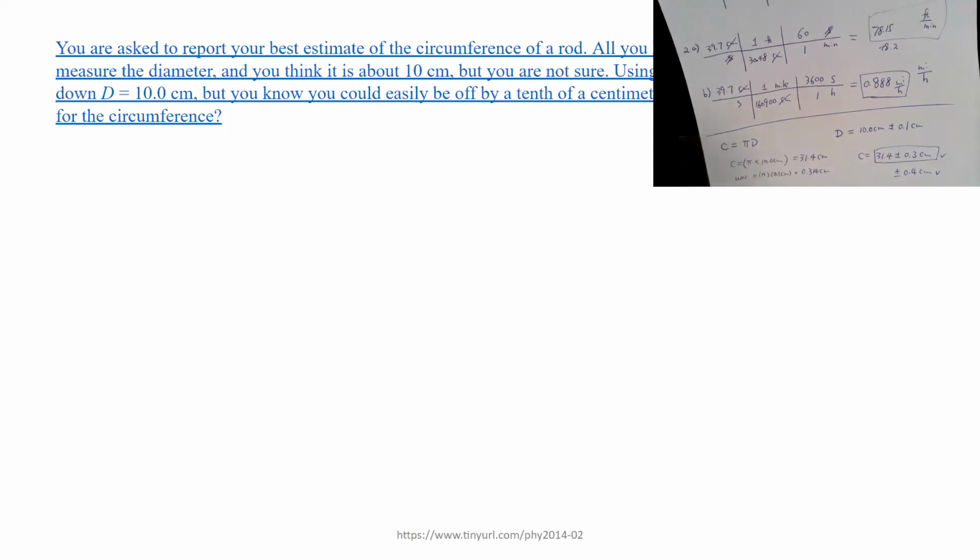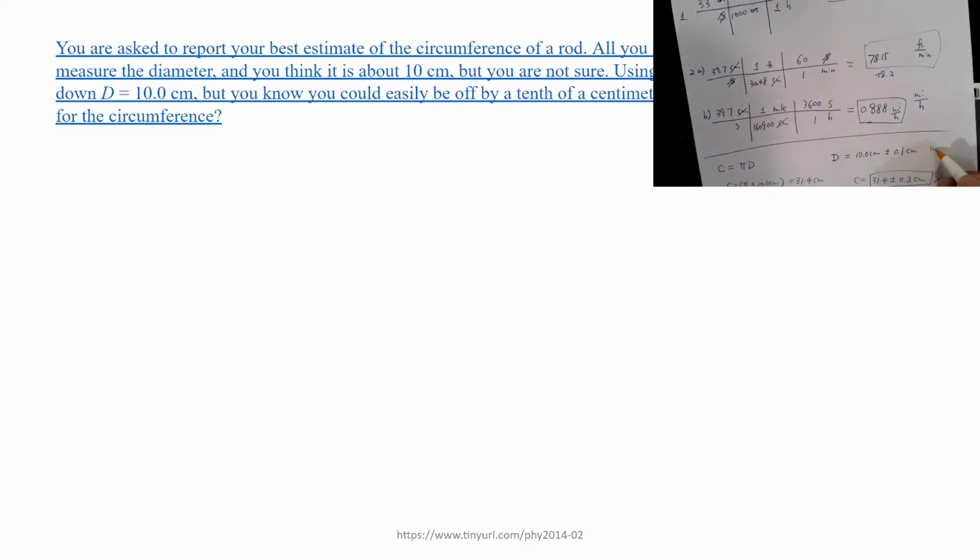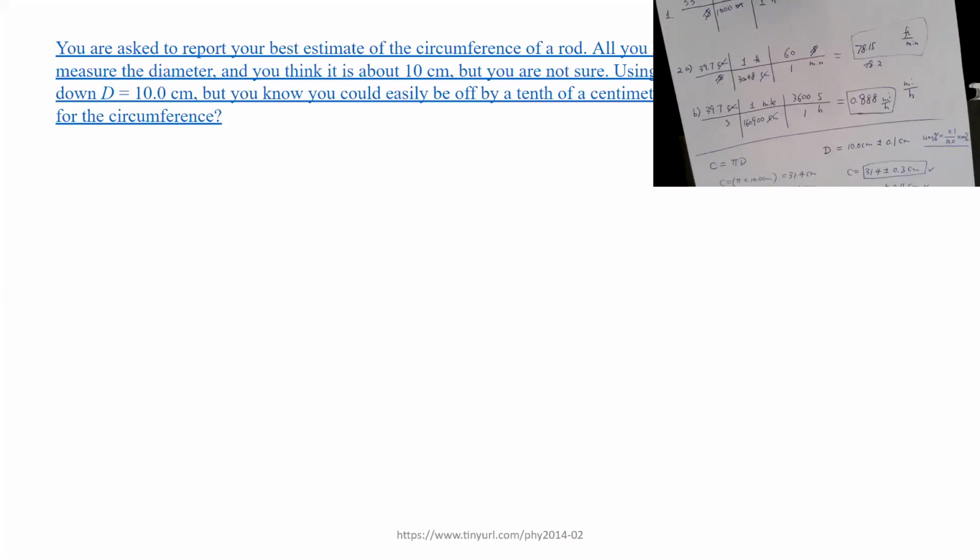You can also report percent uncertainty. Because this is 0.1, if you look at percent uncertainty, then it's 0.1 over 10, and then multiply by 100%. You may encounter this a lot. When you are doing percent uncertainty, you want to do uncertainty over the measured value times 100%.